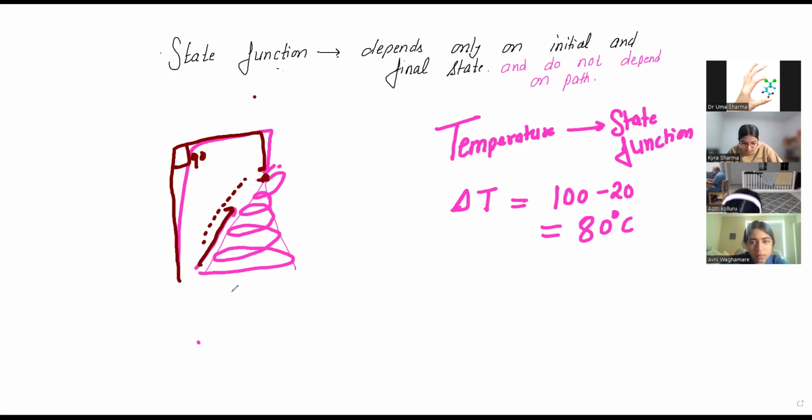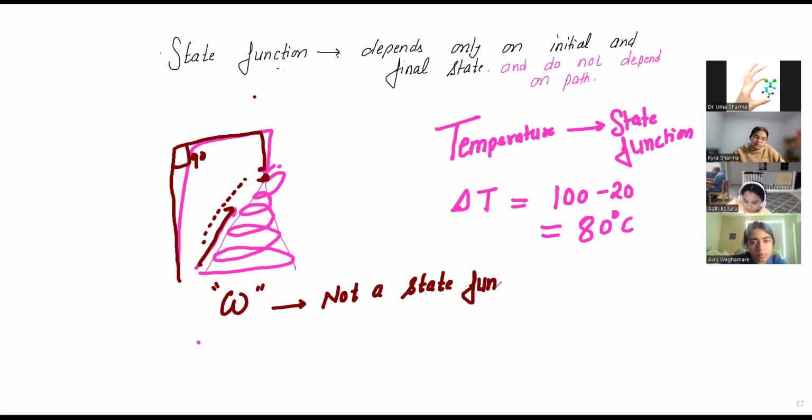So is the work, which is small w, which you already know the symbol, a state function? It is not a state function. Work is not a state function, right?